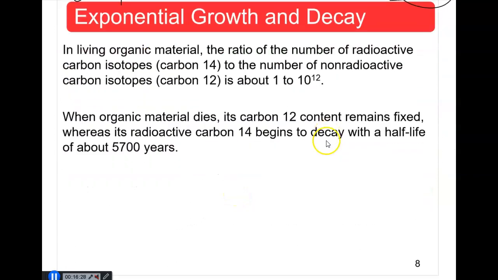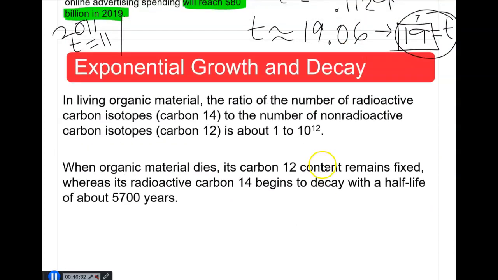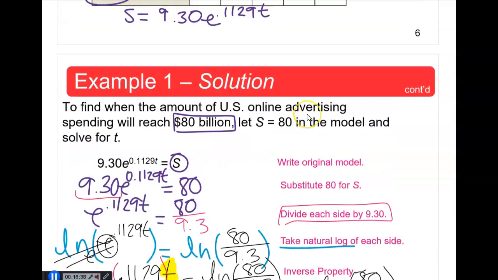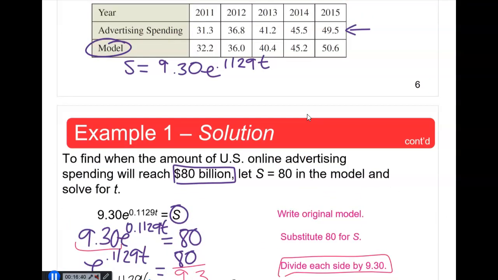Then we have here exponential growth and decay. Well, first of all, before we move on, this problem, if we were to graph it, it will definitely be exponential growth. And you could see how the y values are increasing.